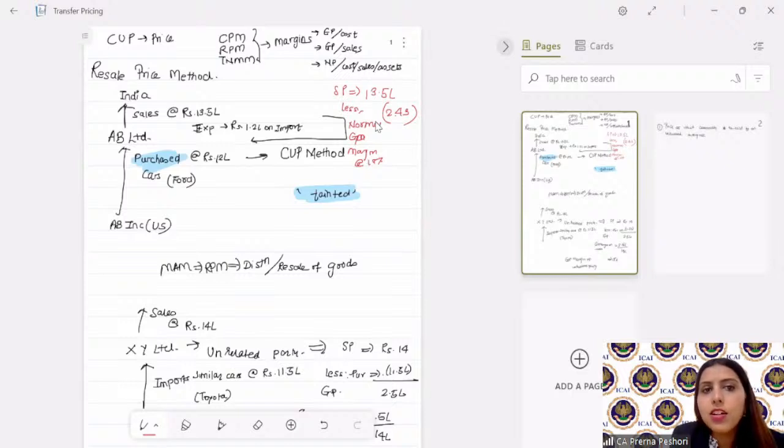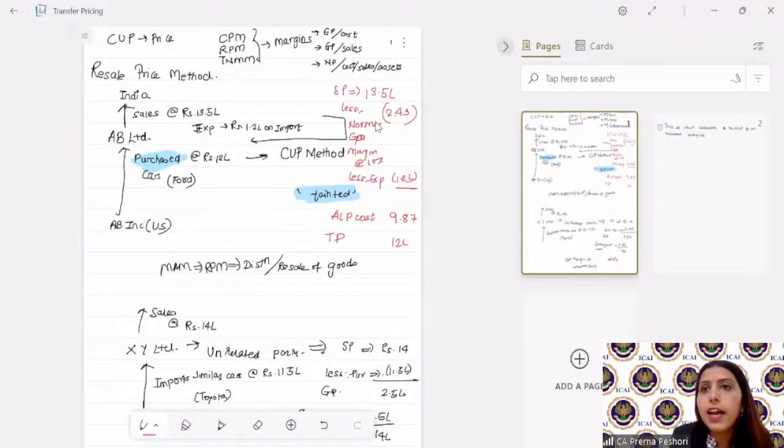Less, I have incurred certain expenses, so less expenses of 1.2 lakhs. And therefore I will get the arm's length price of the purchase cost, which comes to 9.87. And I have purchased it, the transfer price is 12 lakhs.